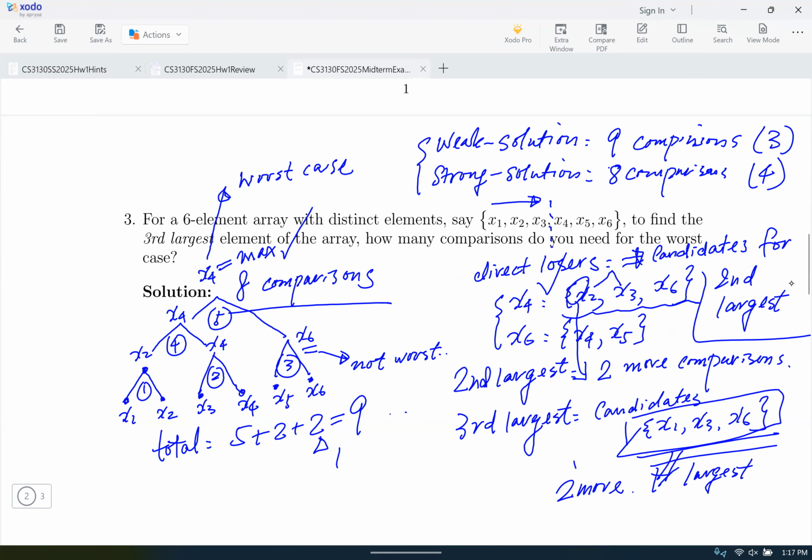So when we work on a question like this, always work on the worst case. Because you solve a three-element array, it's too simple.